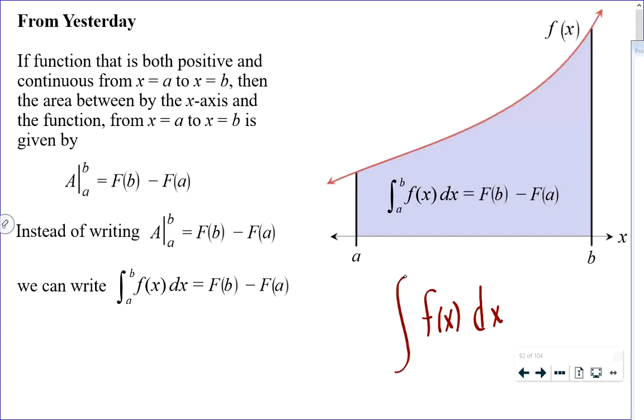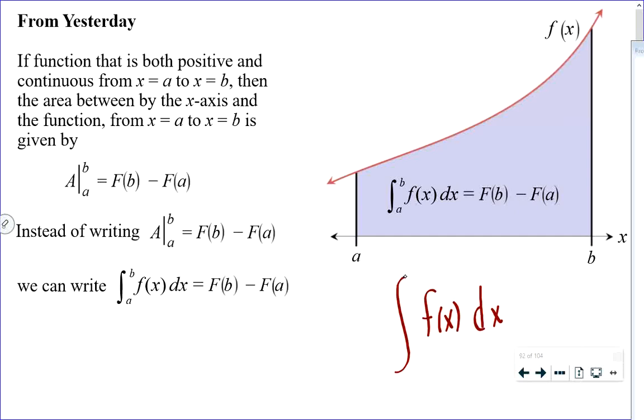That's how we pronounce it. Which means it's the antiderivative of the function at b minus the antiderivative of the function at a. And what's very important, and for some reason I don't have it here, is it's going to make our lives really a lot easier when we do math, if we can use this notation.